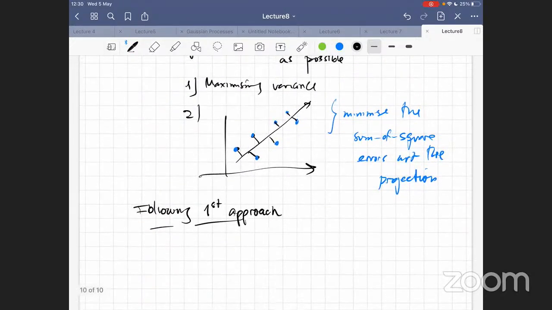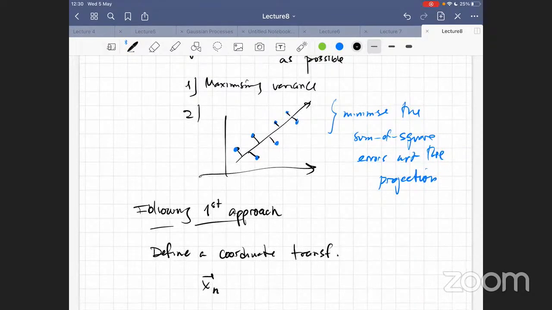The idea here is to go from a d-dimensional space to the m-dimensional space by first defining a coordinate transformation like the following.